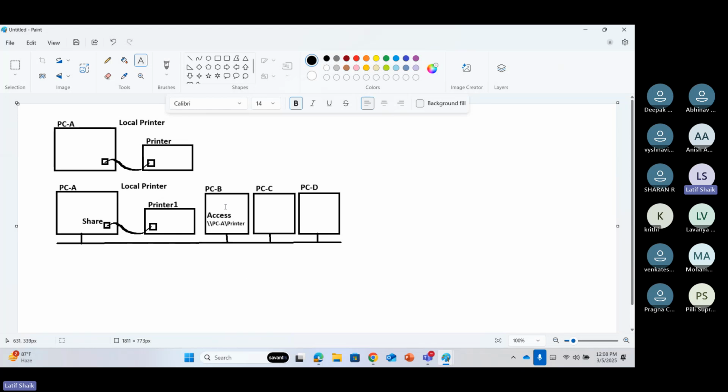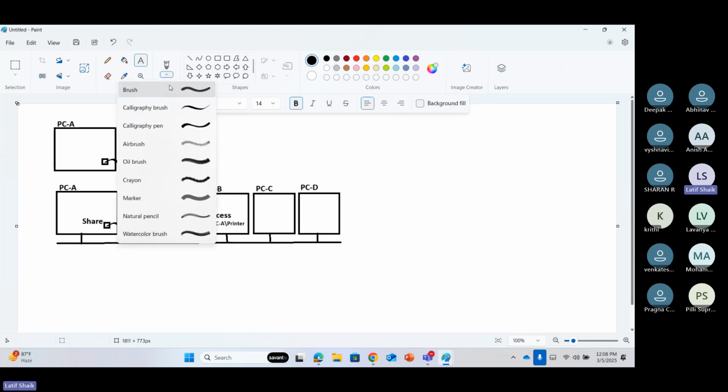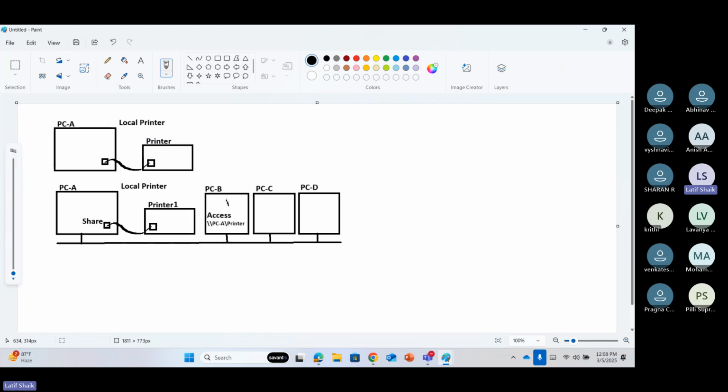So from B, I can give a print. I open my document and give print, selecting this printer. Then the print job goes to PCA and from PCA to the printer, and the printout comes out from this printer. This is how it works.